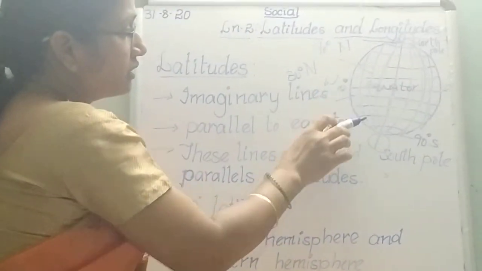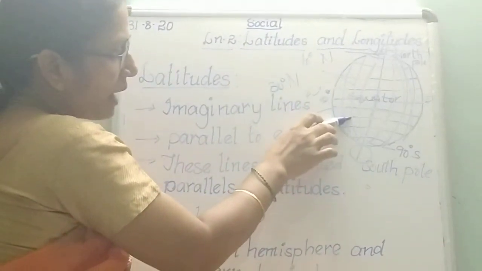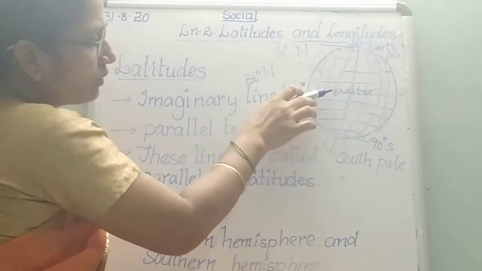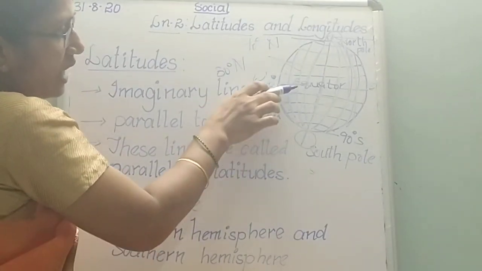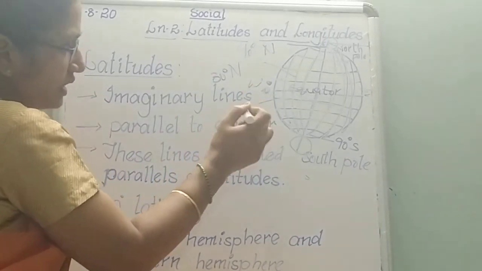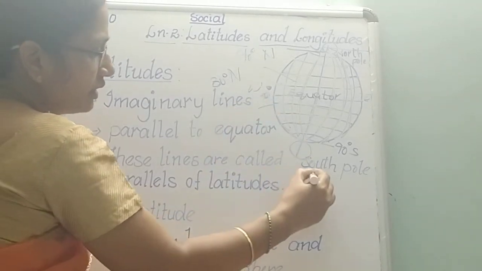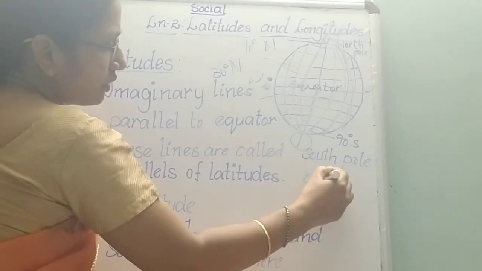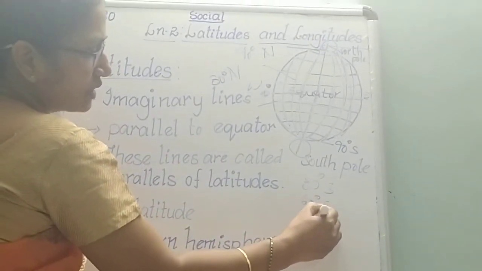The parallels to the south of the equator, these are the parallels south of the equator, and these are parallel to the equator. These are indicated with degrees south: 30 degrees south, or 60 degrees south, or 90 degrees south.